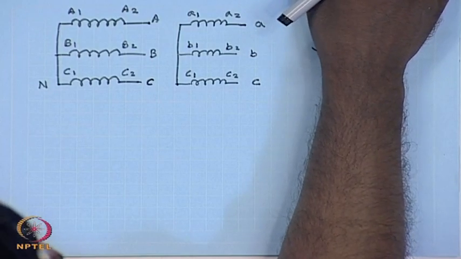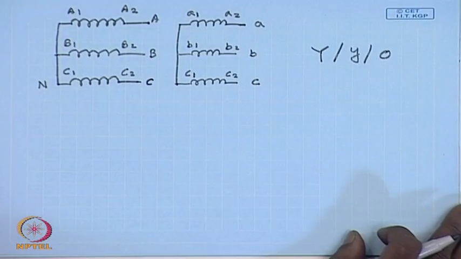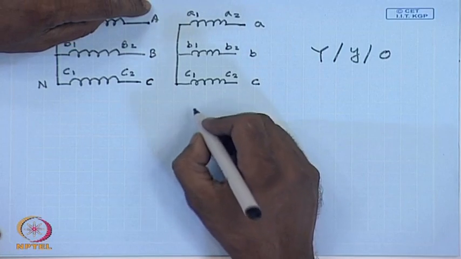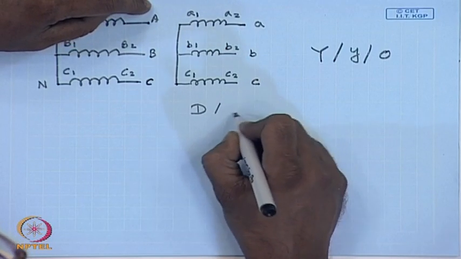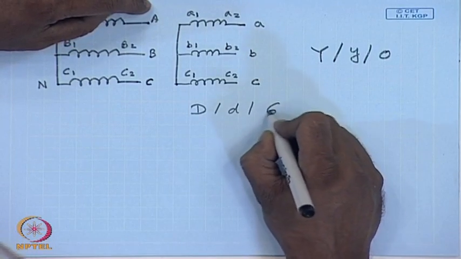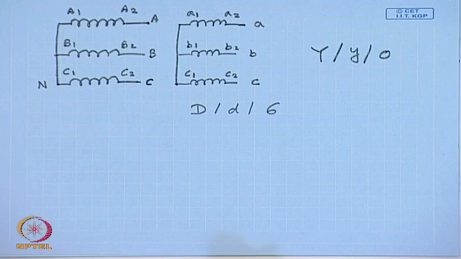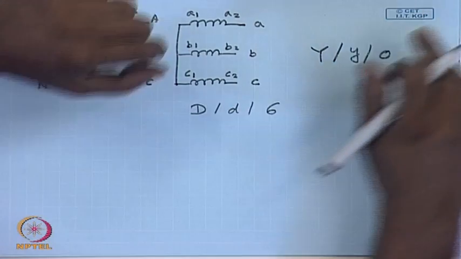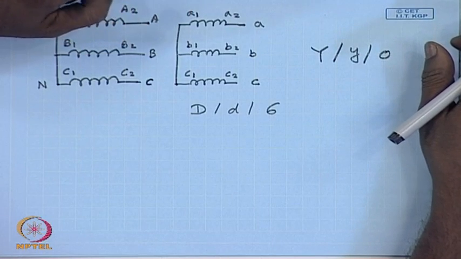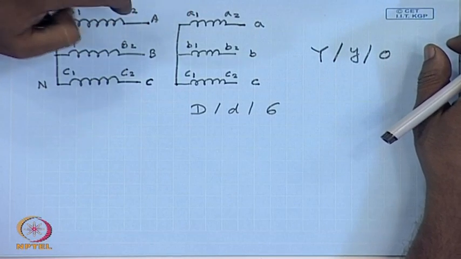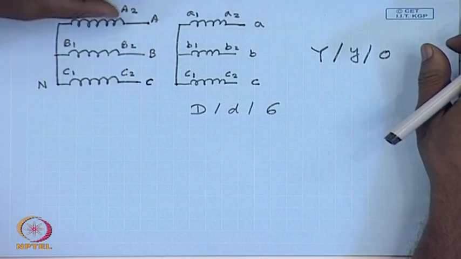Next, let us try to do the same thing with a 6 connection. Let us say D D 6. What does D D 6 mean? That is the line to neutral phasors of high voltage side and low voltage side should be in phase opposition.